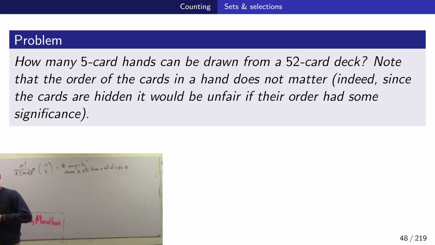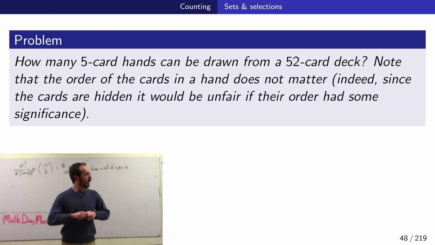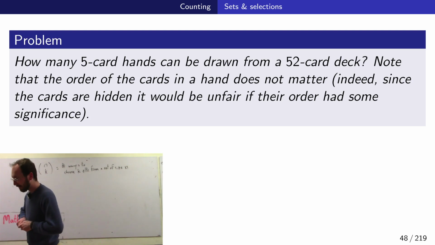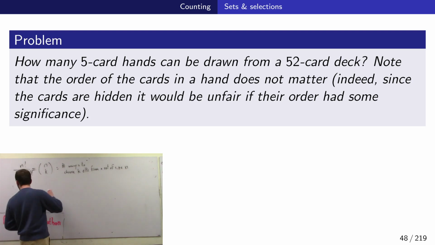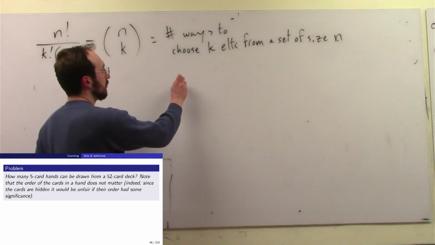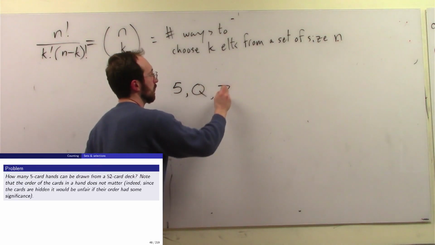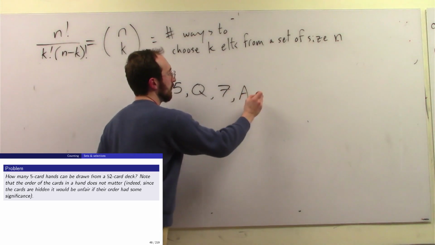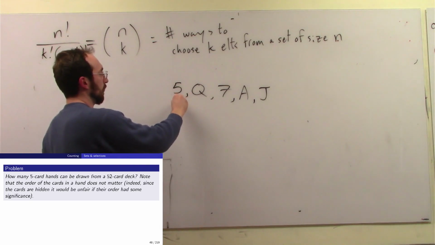What's nice about these choose functions is that they handle these cases of not caring about order. So we could have drawn, say, this hand, and I'll give them, I don't know, they're all hearts. We got lucky.